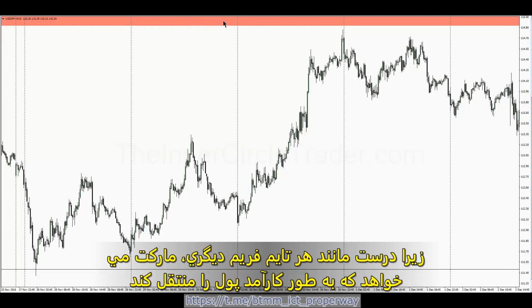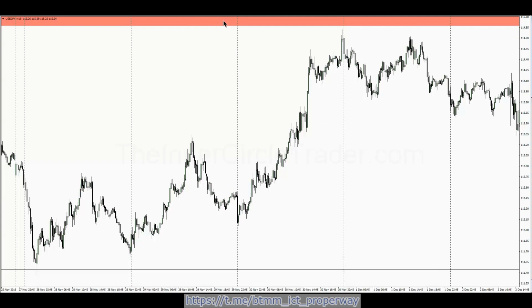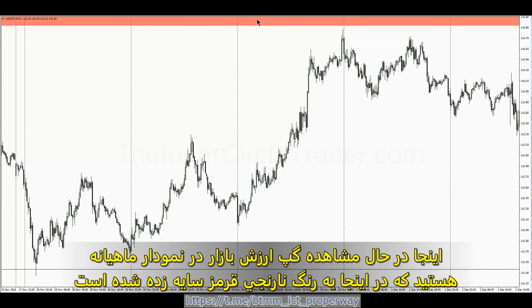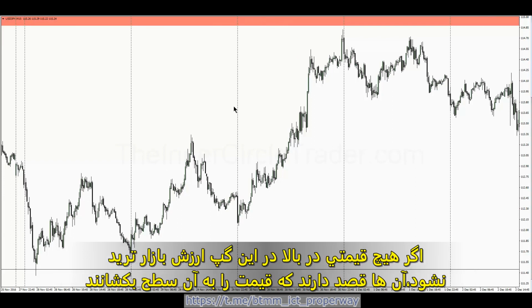Because just like any other time frame, the market's going to want to efficiently deliver price. If there's no price trading up in this fair value gap that's been shown on the monthly chart that we have shaded up here, and I guess it's like an orange-red color, they're going to want to drive price up to that level.